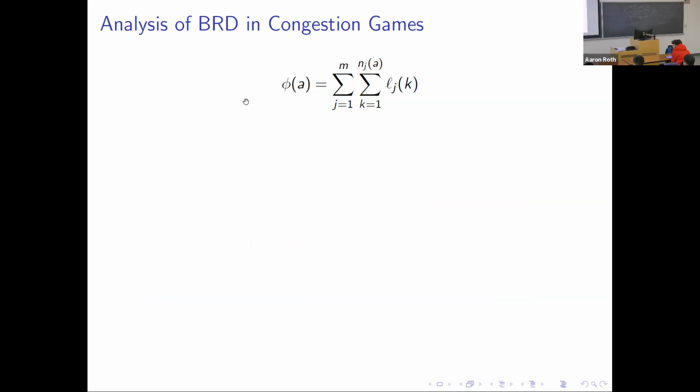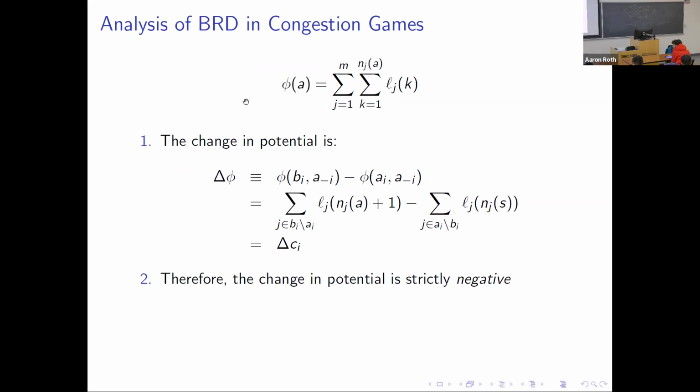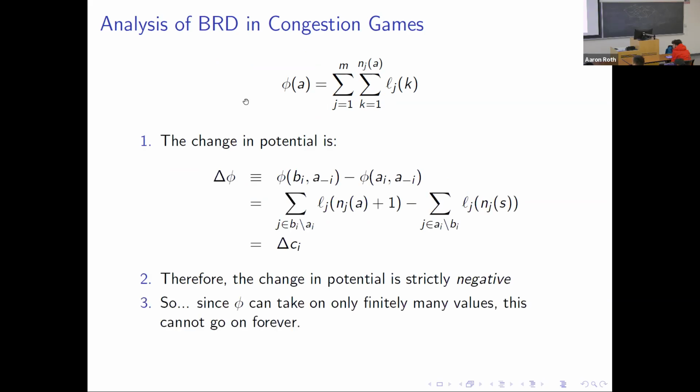That was how we derived this expression for the change in cost. And we're using crucially that the cost function at each facility depends only on the number of players playing on it and not on anything else. So we're using all of the structure, but not more than that. This result holds for any game that can be described as a congestion game, of which there are quite a few.